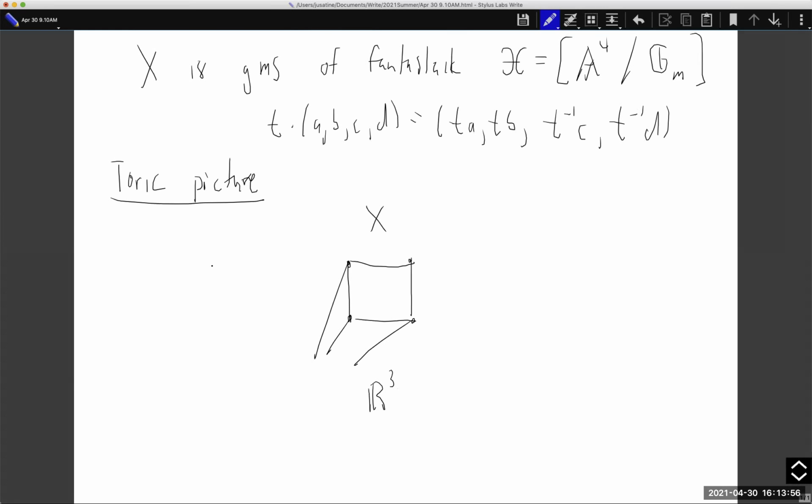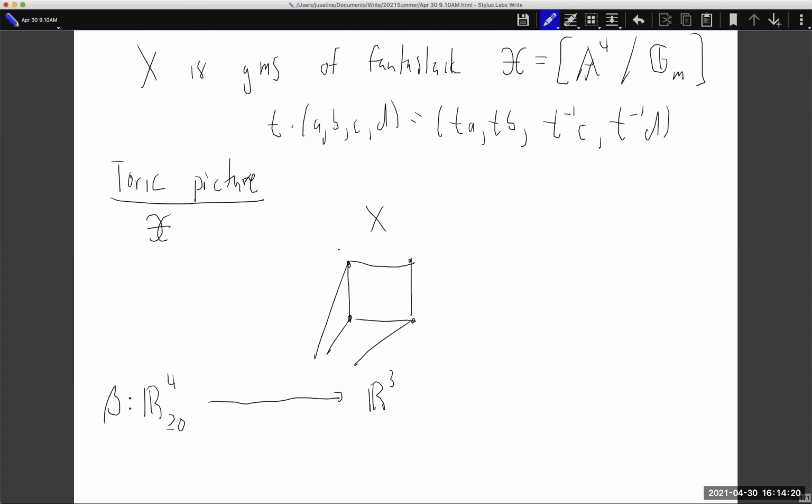Okay, so what about this toric Artin stack, curly X? What is the toric picture of this? The combinatorial data is the following: I have a map that I'm calling beta. It goes from the positive orthant of R^4. And what is this map?